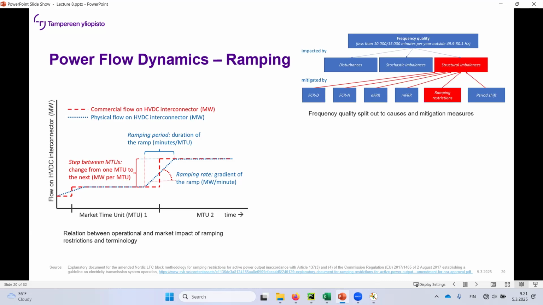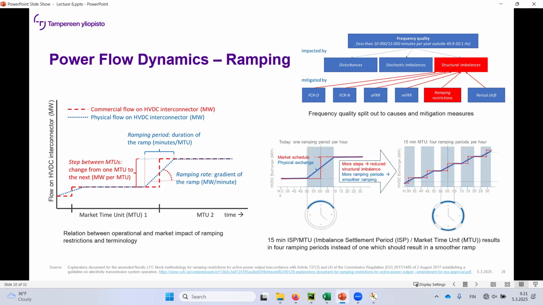So ramping restrictions is one way, and you have all of these marketplaces that also mitigate these structural imbalances. And now in here it's the 15-minute shift. So during 15 minutes, the ramping rate, or the amount that you can adjust the load, is going to be smaller. So it's going to be a smoother transition during 1 hour.